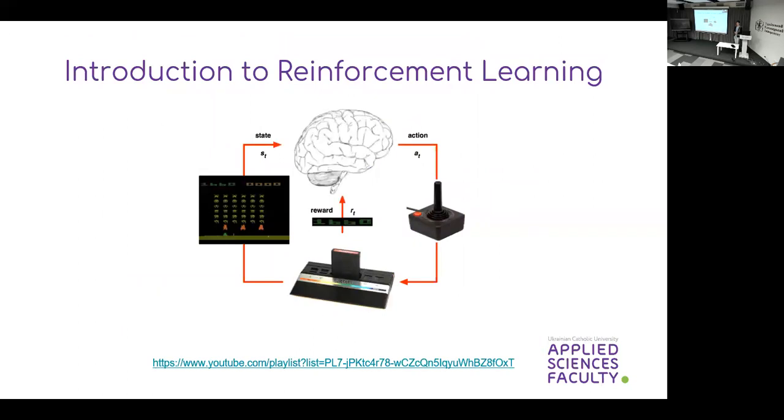As I said, an environment could be software, or we can also transfer it to some real-world environments.